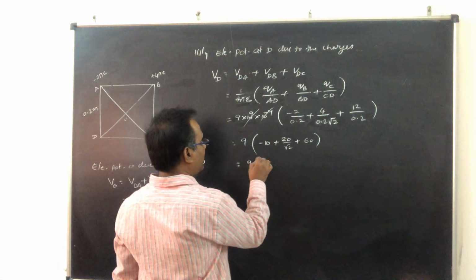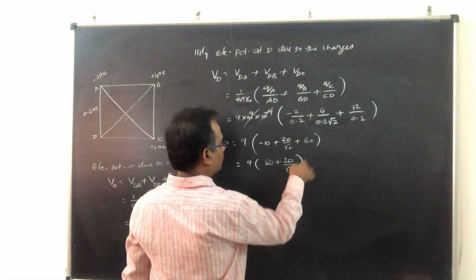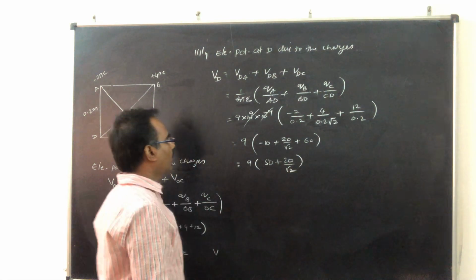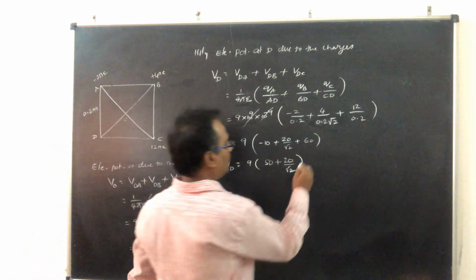So this is 9 into 50 plus 20 by root 2. So this is Vd. You find this value.